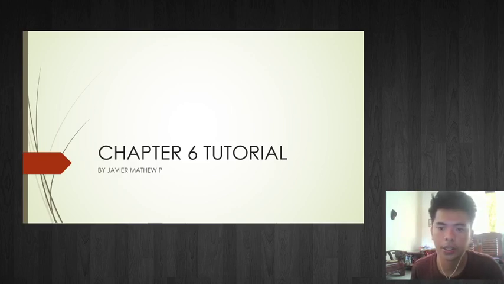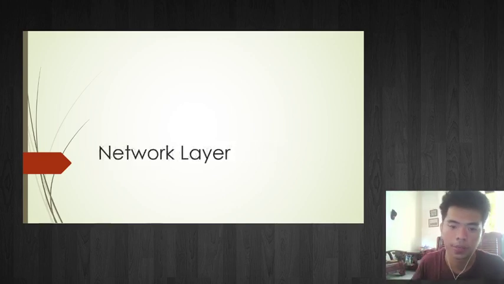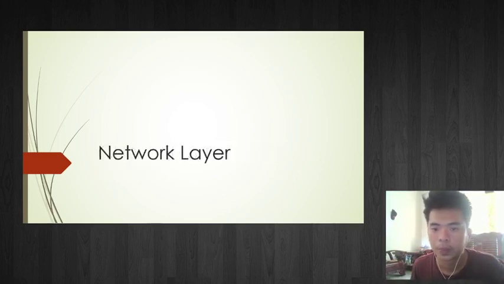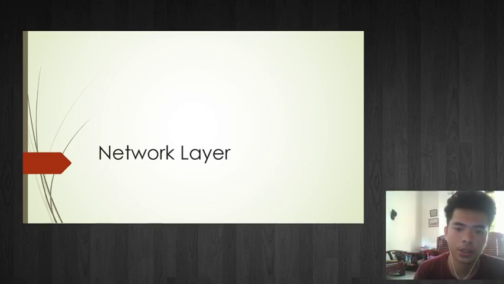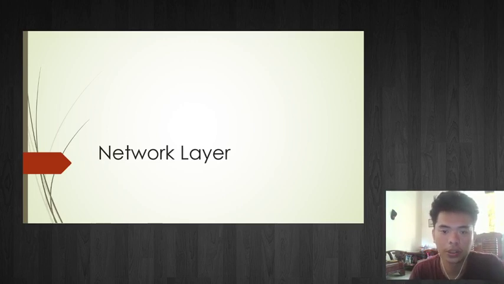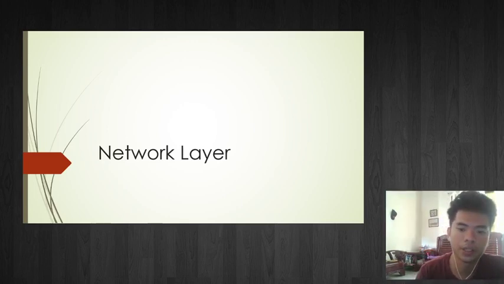A network layer, guys, is where network applications and services on one end device can communicate with the application or other service running on another end device. How is the data communicated across the network in an efficient way?